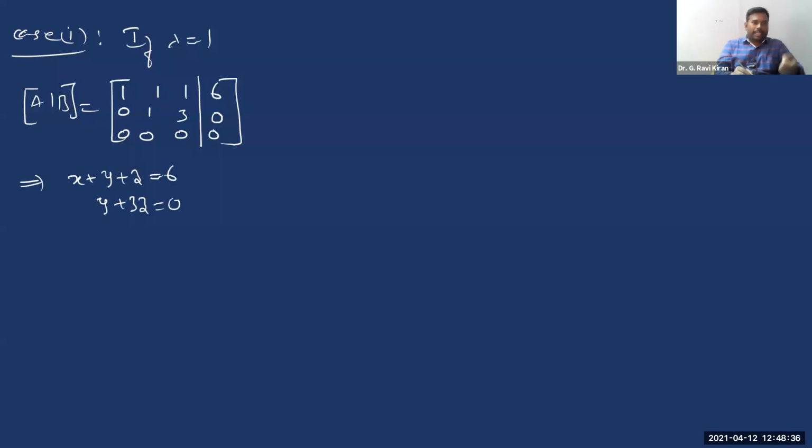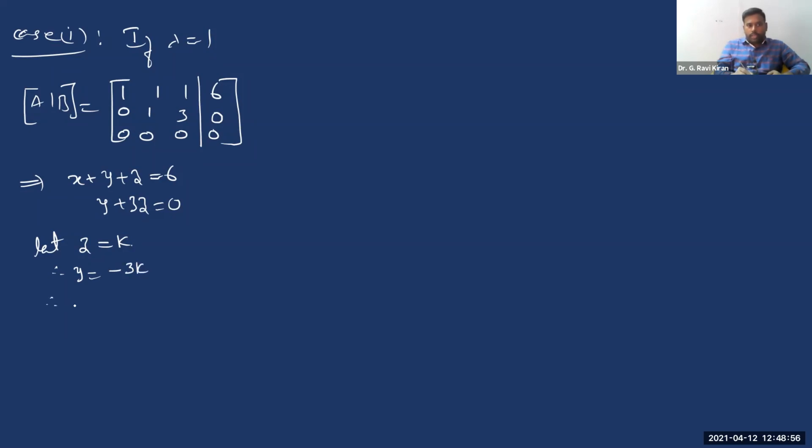So one unknown is extra here also. Since one unknown is extra, I'm taking z is equal to k. Since y is minus 3z, we'll get the value of y as minus 3k.